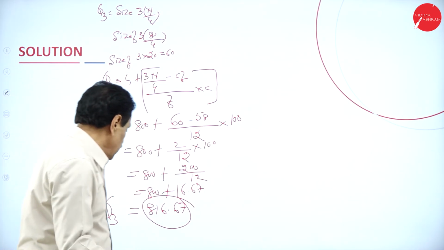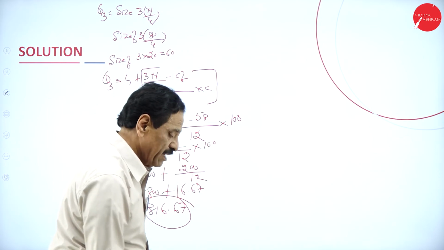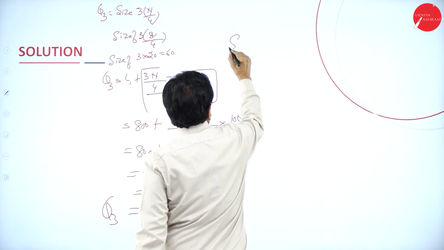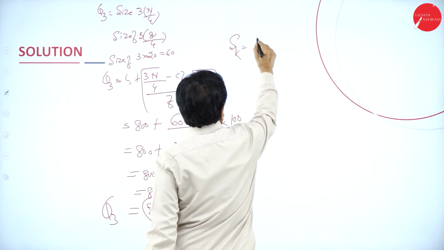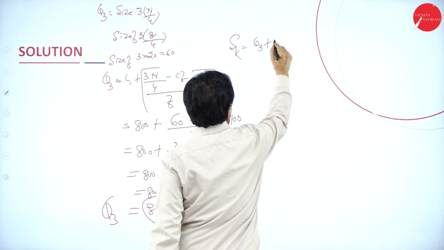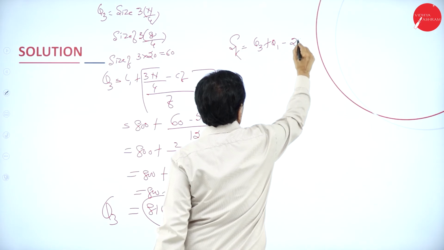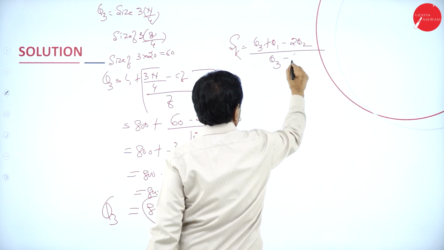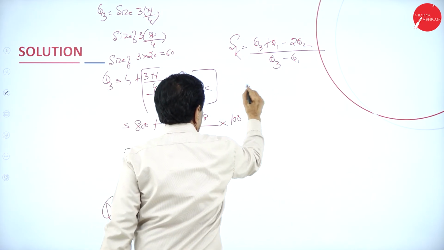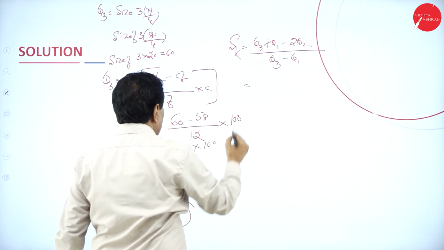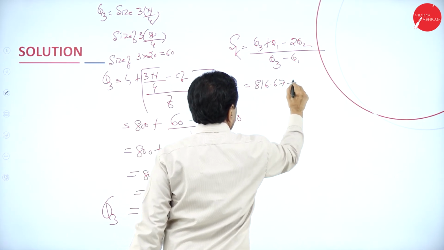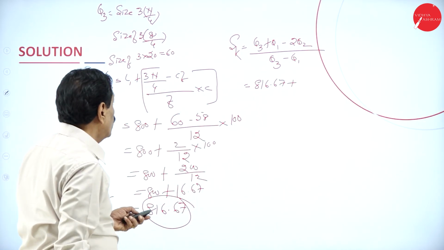Your Q3 becomes 816.67. Now we'll apply the formula. Qness is equal to Q3 plus Q1 minus 2Q2 divided by Q3 minus Q1. What's your Q3? 816.67 plus, you'll go to Q1.